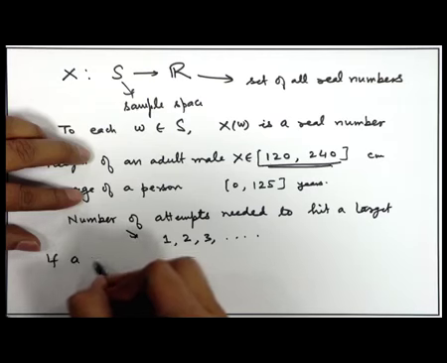Or if you say height, age, weight, lifetime, etc., then these are all examples of continuous random variables, because the random variable takes values over an interval. In your class 11th and 12th, you have in the syllabus discrete random variables. So, I will describe in detail the probability distribution of a discrete random variable, how to find out its expectation or the mean, etc.